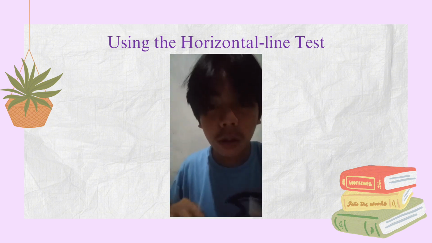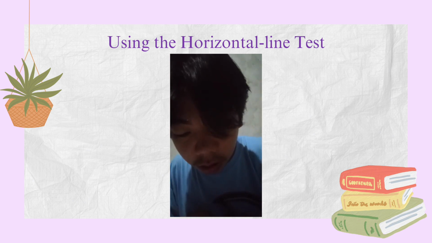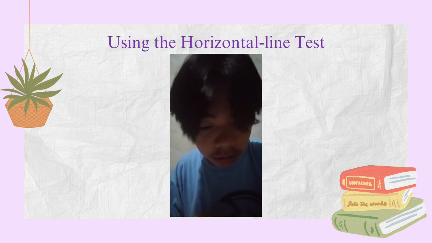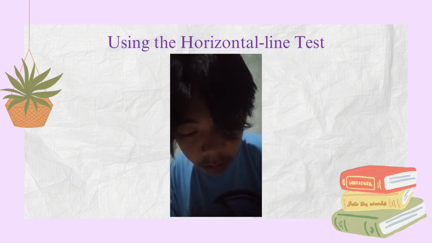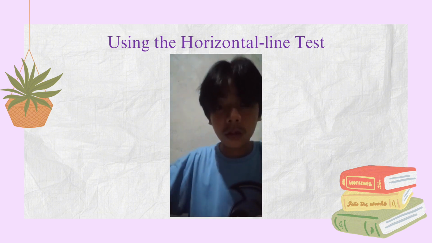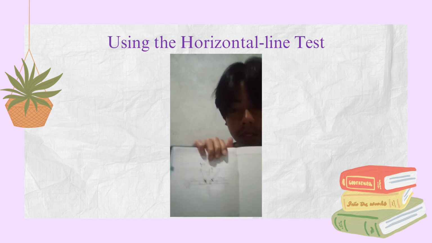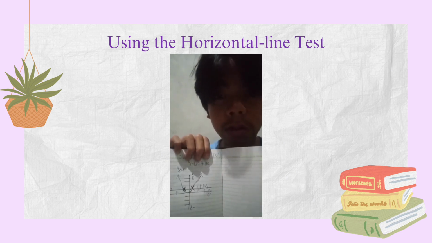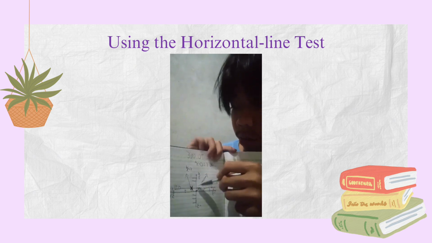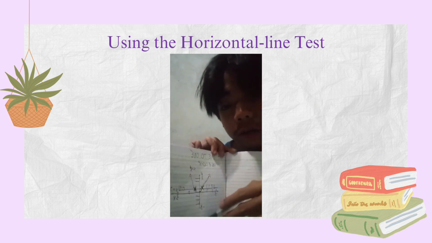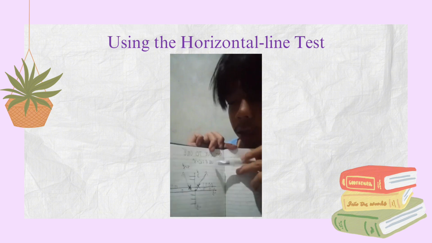Guhitan lang natin para makita nyo. Ayun o, ginuhitan ko ng X. Yung dalawang line na nadaanan niya. Meaning, yung example A is not a one-to-one function.